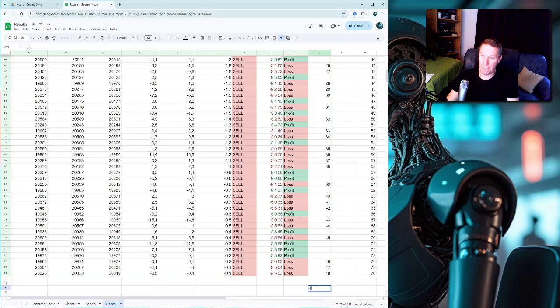Let's see, that's 48 divided by 76 times 100. There has to be an equal sign in front of it. That means that 63% of all sell trades were a loss trade. And how much did we lose?